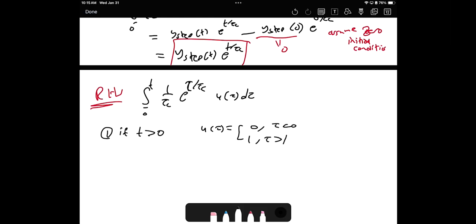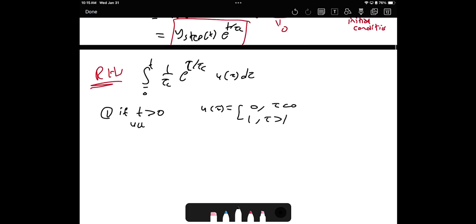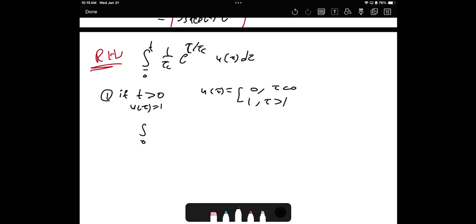So if it is positive, then we are guaranteed u of tau equals 1. So as a result, this will be the integration from 0 to t of 1 over tau c e power tau over tau c d tau, because u equals 1.